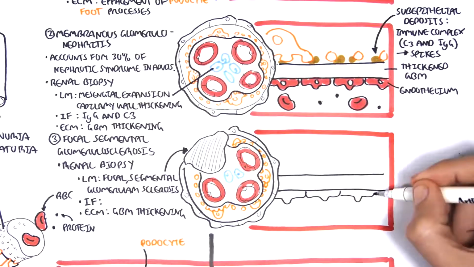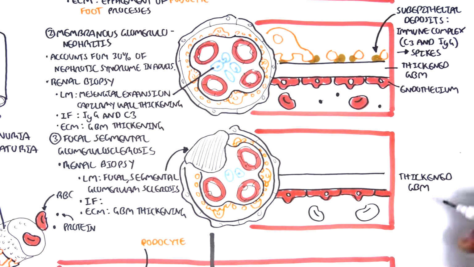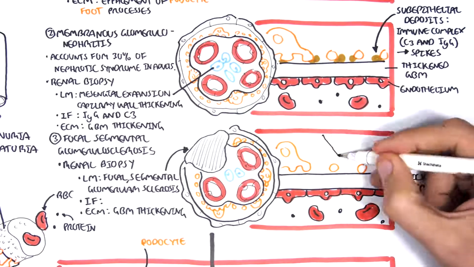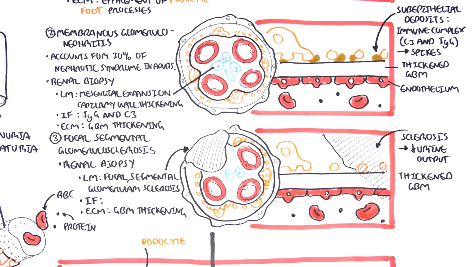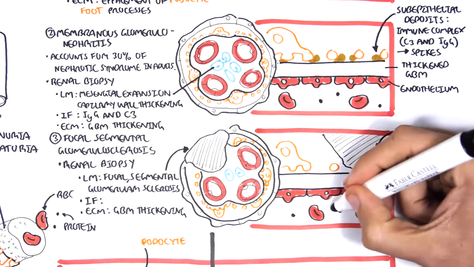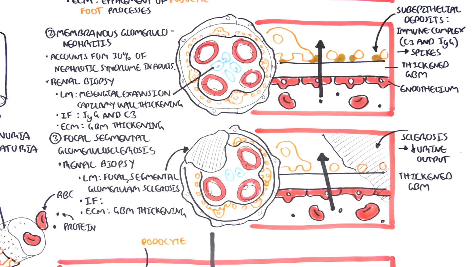Again, drawing it out, we have a thickened glomerular basement membrane and sclerosis of a focal area, which actually results after some time in a decrease in urine output because of the decreased filtration to parts of the glomerulus. Further, the sclerosis can damage surrounding podocytes, contributing to proteinuria.